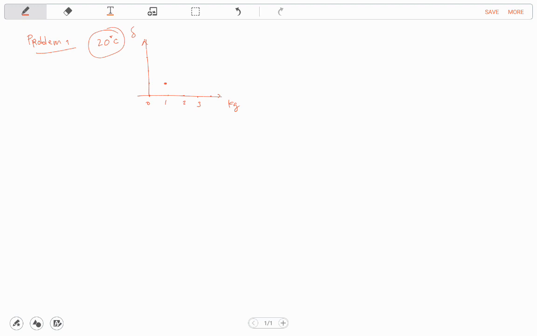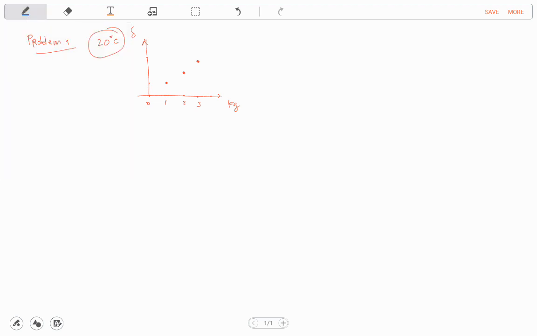Okay, so we have these points. Sorry, it might not be so proportional. I will plot it again. So it's like this.